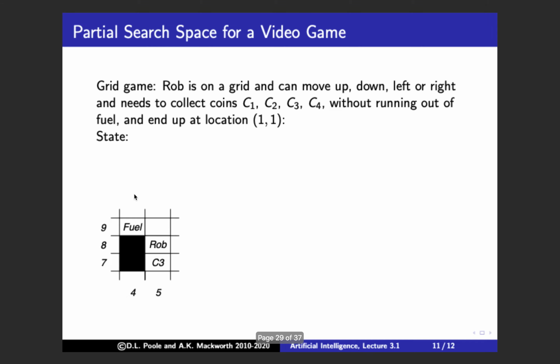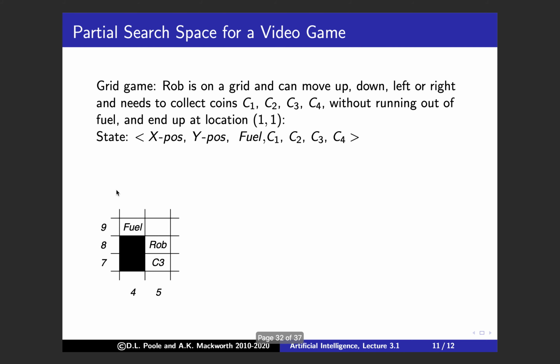So in here, the state has to include where Rob is, because that's important for knowing what's happening. So the robot's location is part of the state in here. Another part of the state in here is how much fuel Rob has, because as Rob moves, we don't want the robot to run out of fuel. Okay, and it also has to keep track of what coins it has.